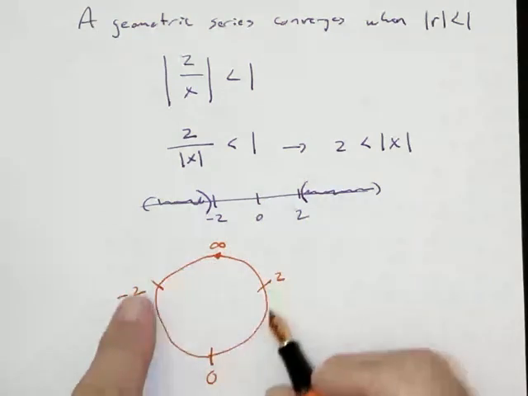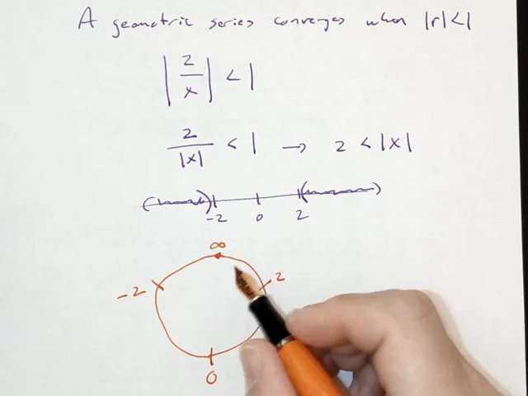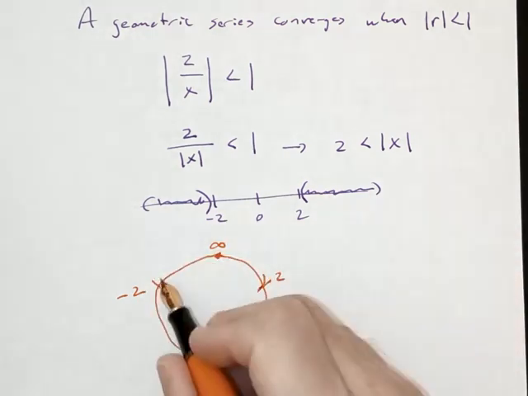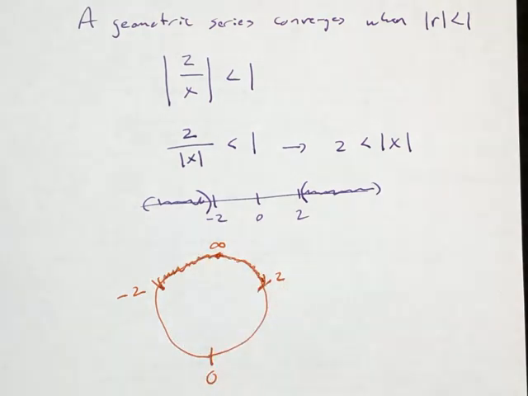As I go away from zero, I go towards infinity, don't I? Well, then this interval really is one interval, isn't it? Isn't that sneaky? So I can think of the middle of this interval as being infinity.